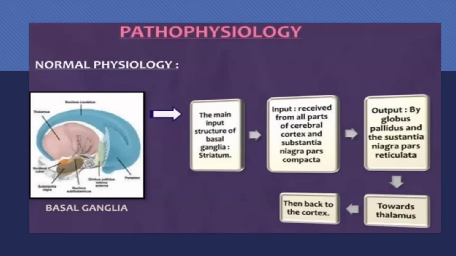Then, the pathophysiology of normal physiology, we have discussed with regard to the Parkinson patient. The basal ganglia consist of two parts, one is the input and the other is the output.